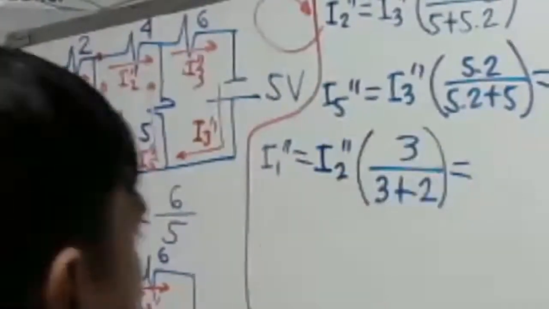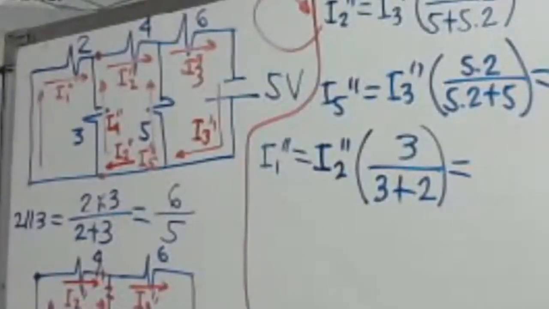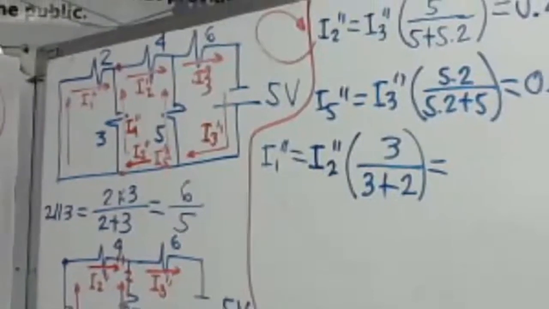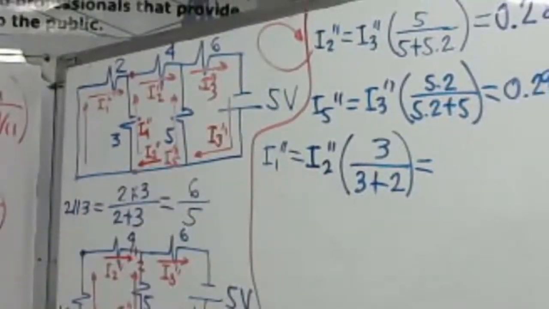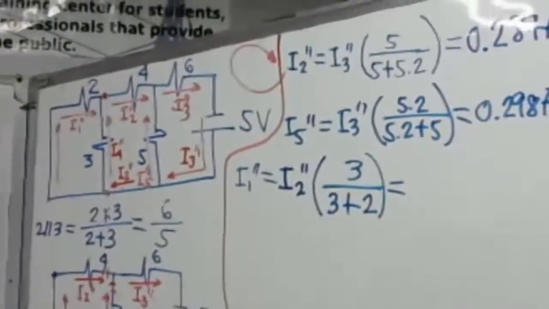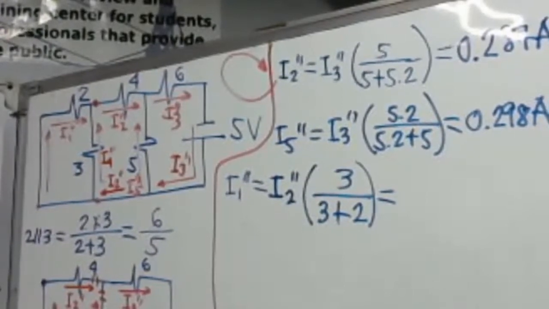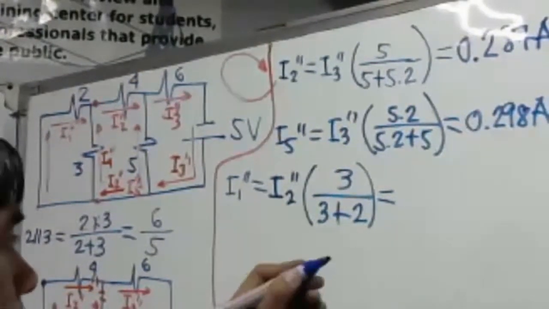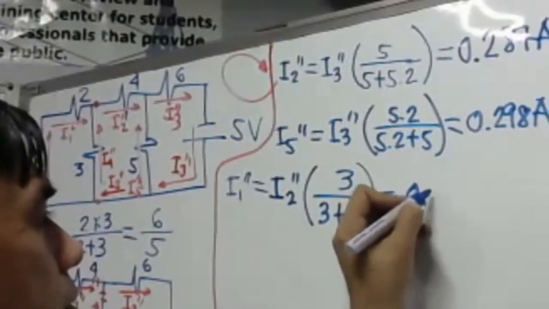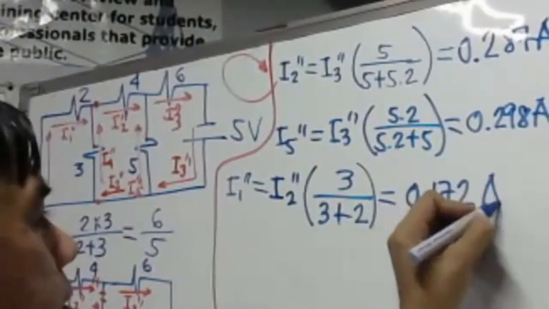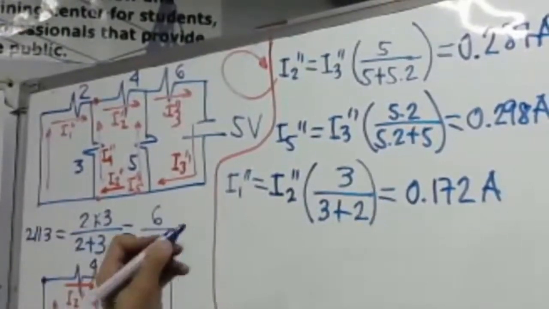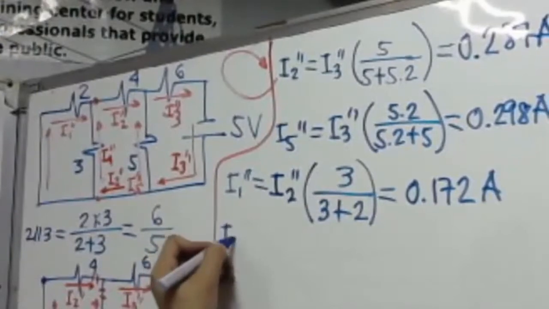So, we will be having here our I2 double prime, which is 0.287 times 3 divided by 3 plus 2, which is 5. Equals, so we have here 0.172 amperes.